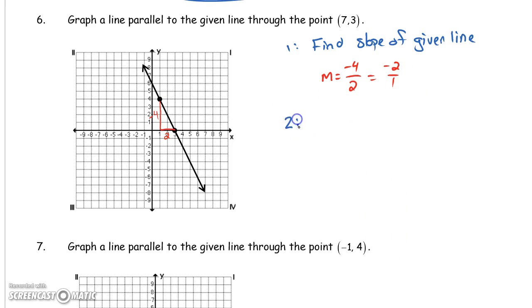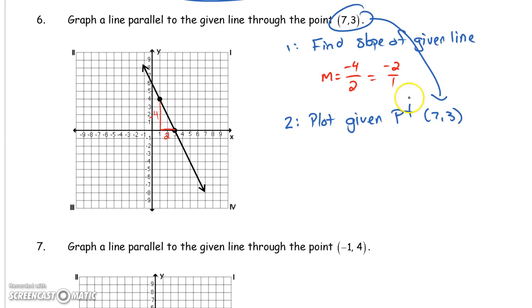And then 2 to the right, that's a +2, gives you a slope of -2 over 1. Your second step is to plot your given point, which in this case is 7, 3. So 7, 3, I plot that point and use the same slope.